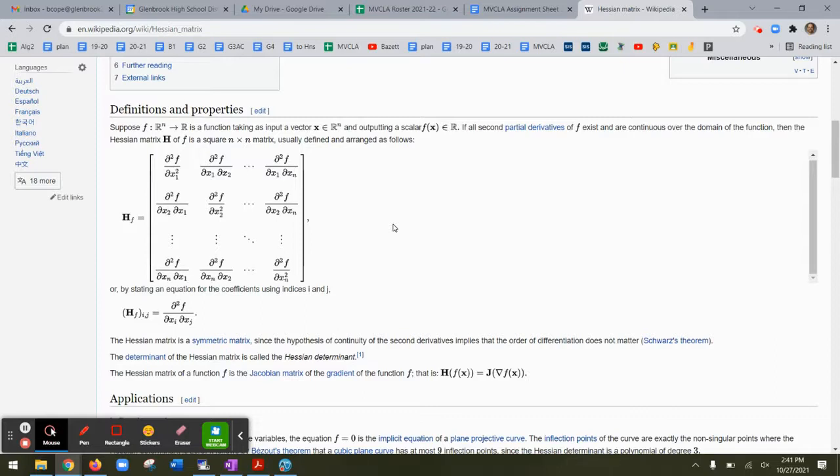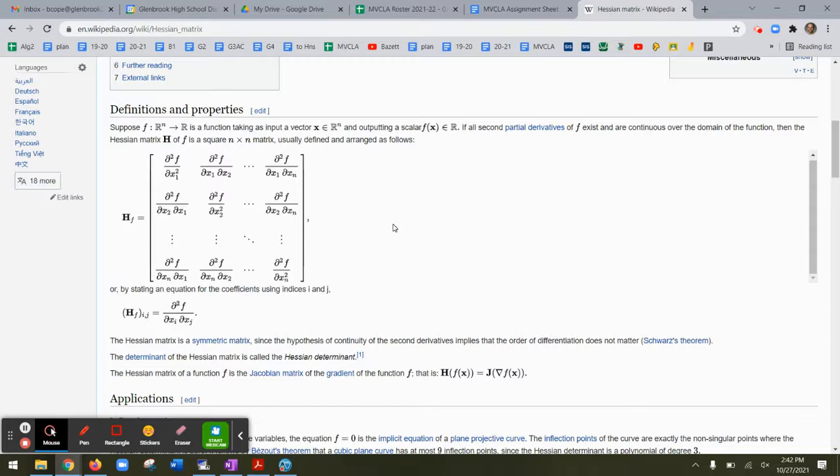This is the large n by n case, but look what's in it. You've got the second derivative of f with respect to the first variable twice here. Just pretend this is a 2x2 case. The second derivative of f with respect to the other variable twice is on that diagonal. Then the off-diagonal entries have those mixed partials, f sub xy and f sub xy. So this thing right here is the Hessian matrix, and guess what our D value is? It's the determinant of the Hessian matrix. I don't remember all the properties of this, but maybe they give a little info here.